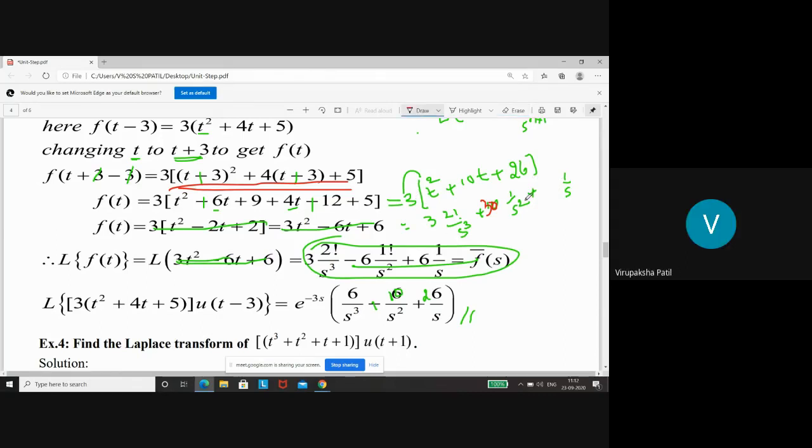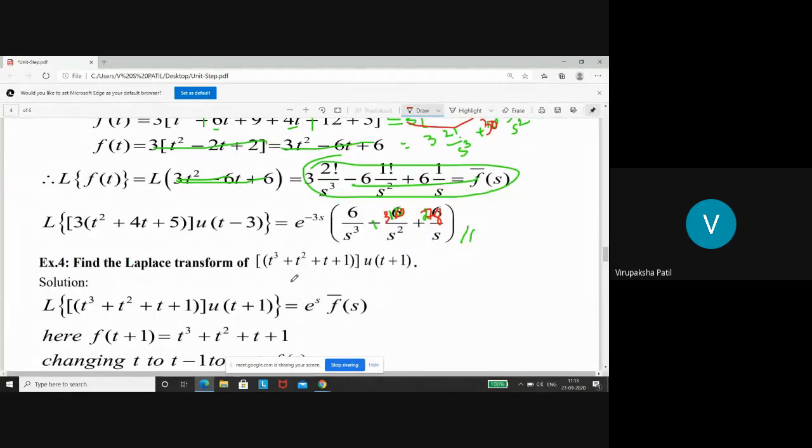Okay, this becomes 78. So please make the manipulations here. I have only multiplied the 3 with this, so we have to multiply it with this also. So it becomes 30 divided by s square, and 78 divided by s. Please make this manipulation.